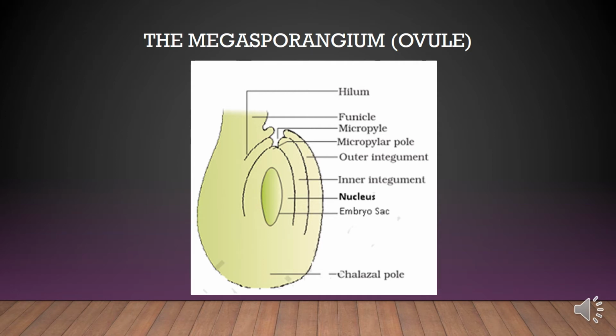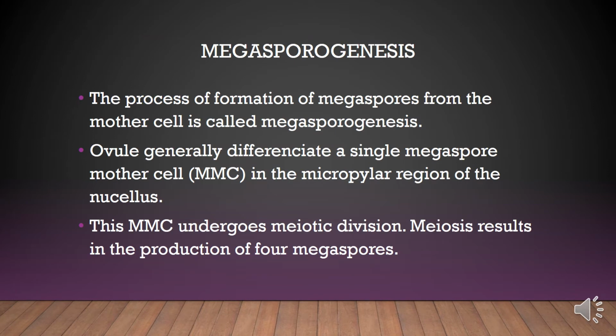Enclosed within the integuments is a mass of cells called the nucellus. Cells of the nucellus have abundant reserve food material. The embryo sac, or female gametophyte, is located in the nucellus. An ovule generally has a single embryo sac formed from a megaspore.